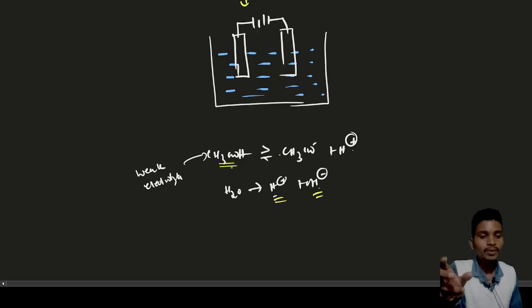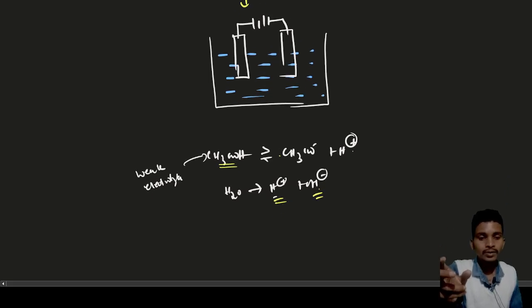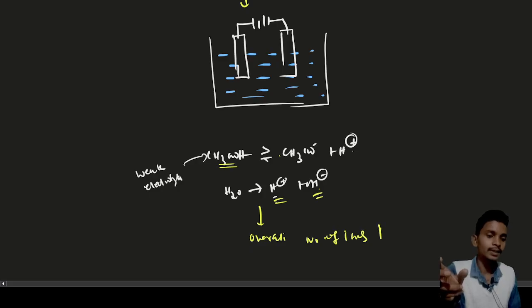This H plus and OH minus act as electrolytes and do the conduction. So if you add water to the weak electrolyte, then overall the number of ions increases.